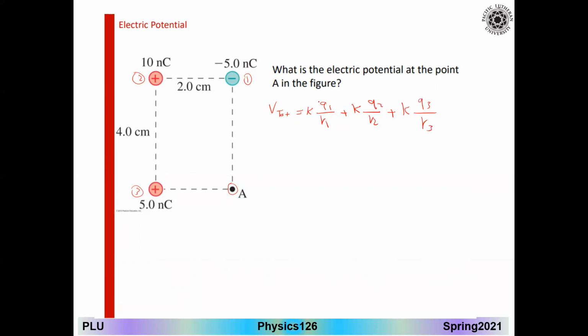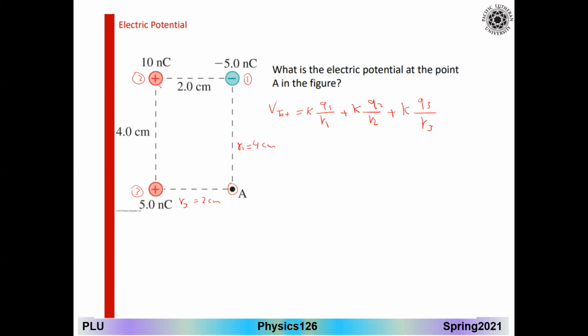Right now I have the charges, and K is a constant. I have to identify R1, R2 and R3. Here is R1, in this situation 4 centimeters. Where is R2? Here is R3, let's type it first: 2 centimeters.